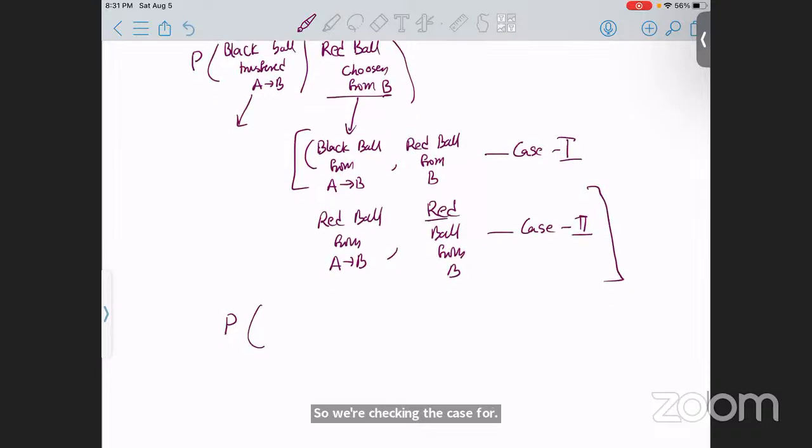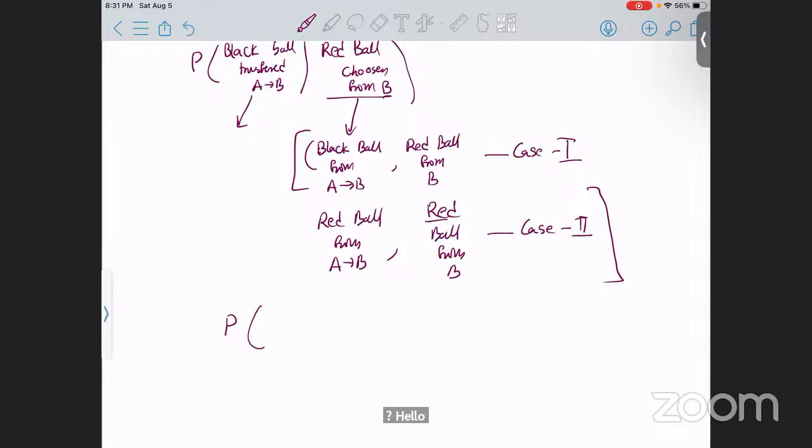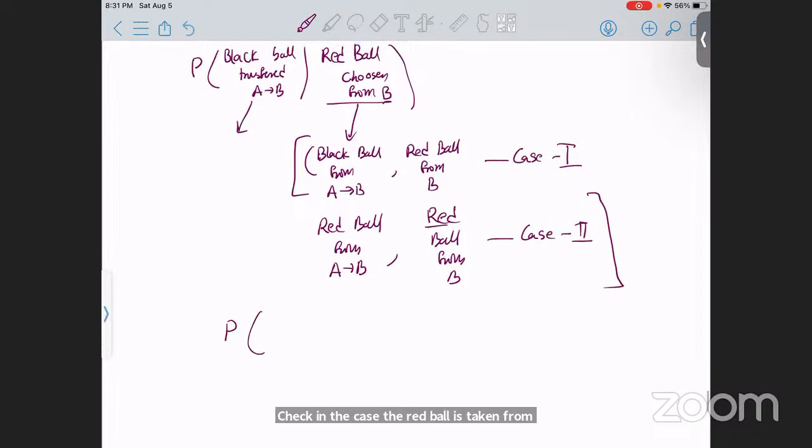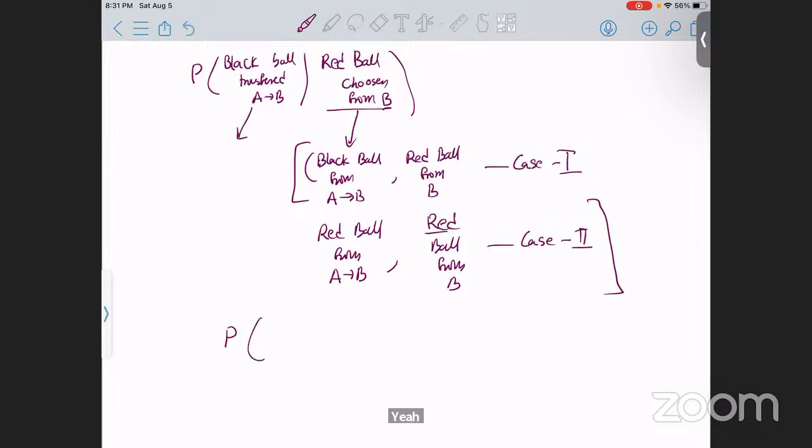So we are checking the case where a red ball is taken from B. I am checking only the possibilities that a red ball can be taken from B. These are the conditions.